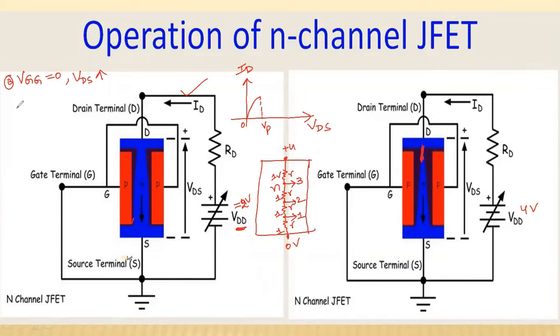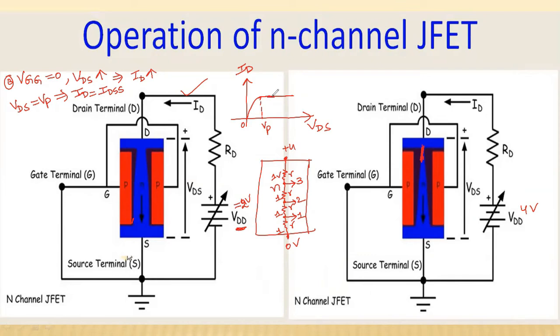Channel is pinched off. Initially when VDS increases, ID current increases, but at a certain voltage, VDS equal to VP, the current ID will not go beyond a certain current called IDSS. So at a particular voltage called VP, we say that the channel is pinched off, and there is no further increment in this current because the channel width is minimum.